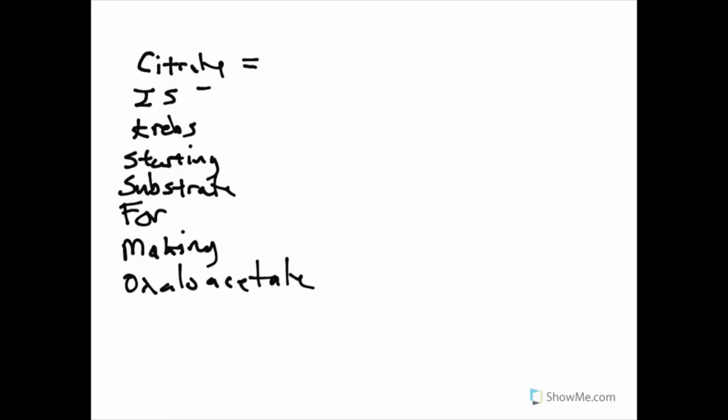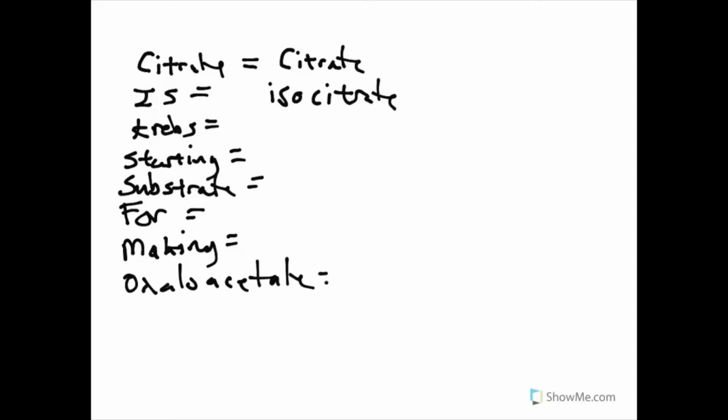Why that is a good one to use is, number one, citrate is isocitrate. The hardest thing about this one is Krebs is alpha ketoglutarate starting substrate. One of the things that is kind of harder about this one is you have two S's.